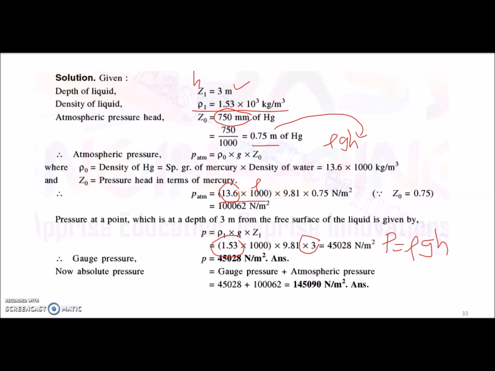We get the gauge pressure, 45028 Newton per meter square. Then we can calculate the absolute pressure using the formula of gauge pressure plus atmospheric pressure. So this is the answer for these examples.